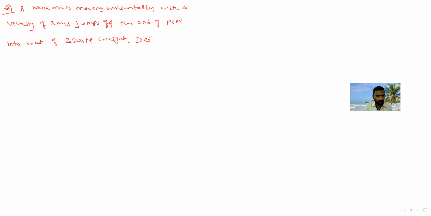Determine the horizontal velocity of the boat with the person or man. First one, if it had no initial velocity.